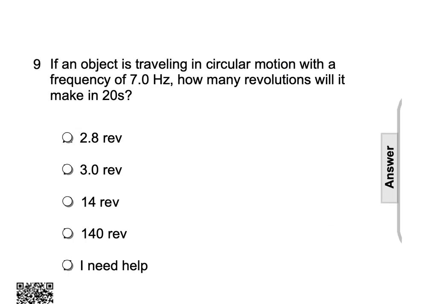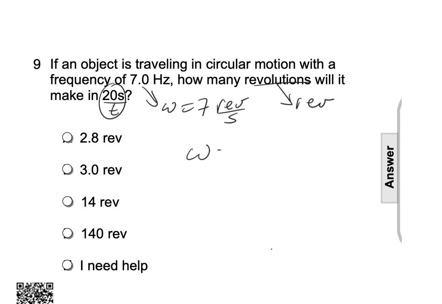Okay, frequency is 7 hertz. That means omega is 7 revs per second. How many revolutions? So I'm looking for revs in a time of 20 seconds. Omega equals revs per second.